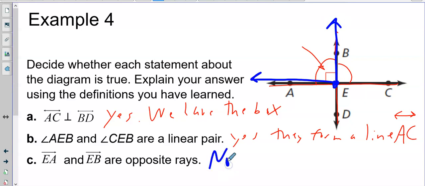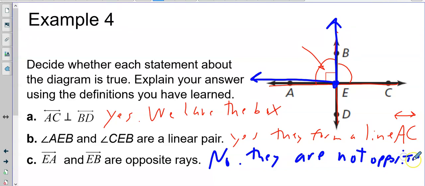Well, that's a big old no. They are not opposite direction.